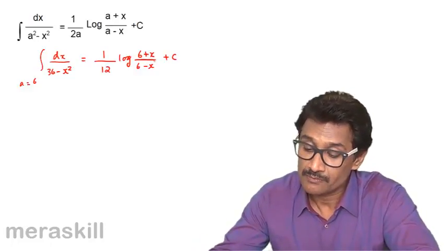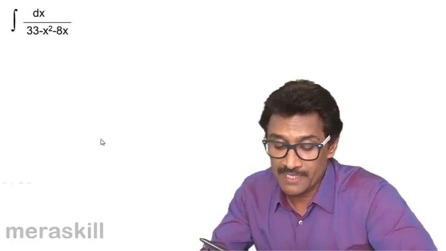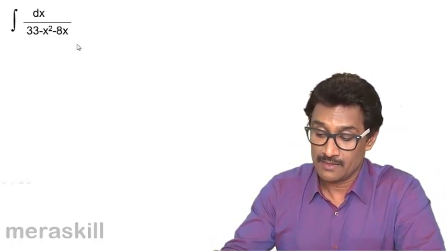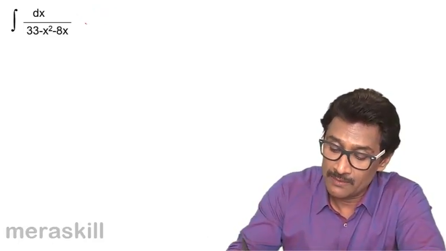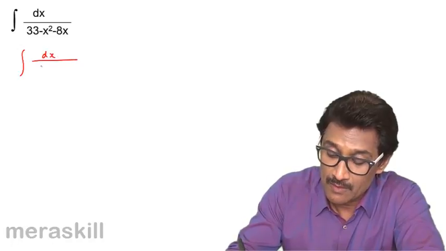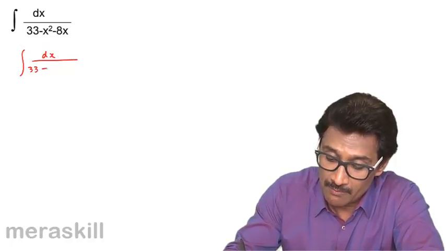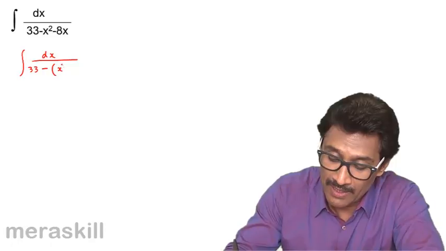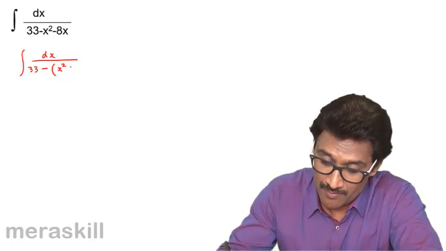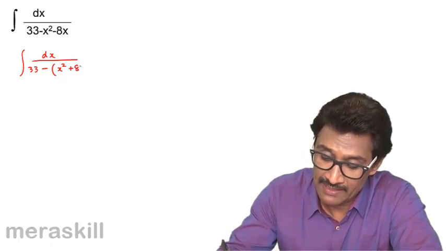Yes. Let's take examples based on this. So we have 33 minus x square minus 8x. So this is eventually dx upon 33 minus x square plus 8x.